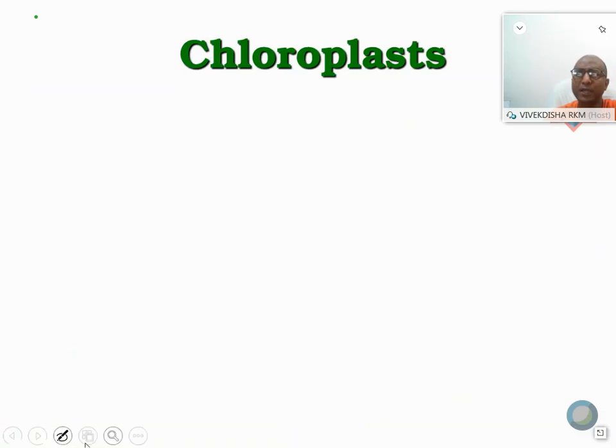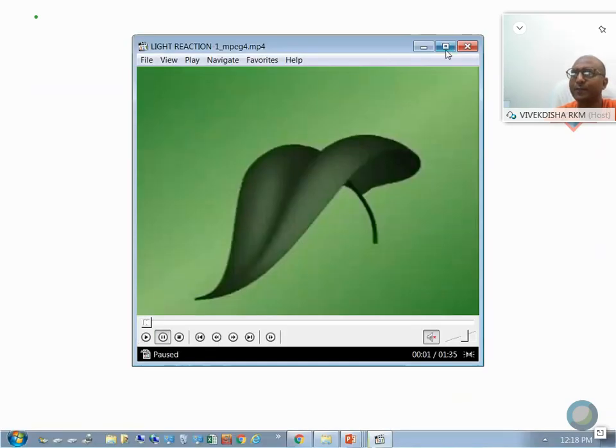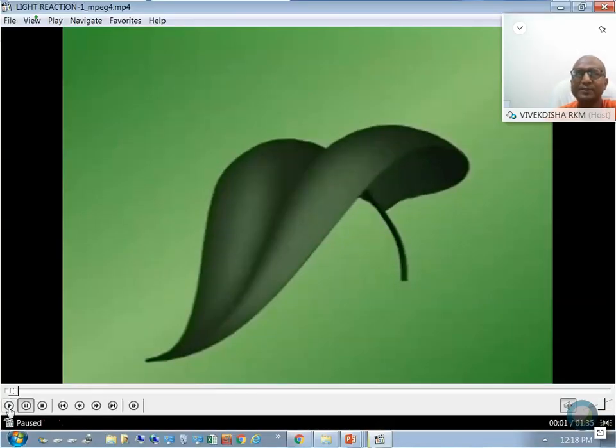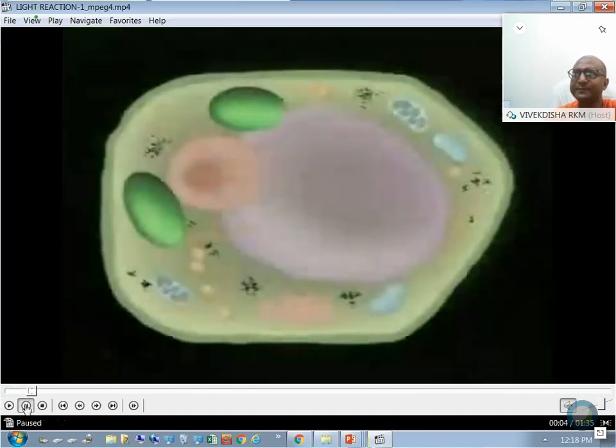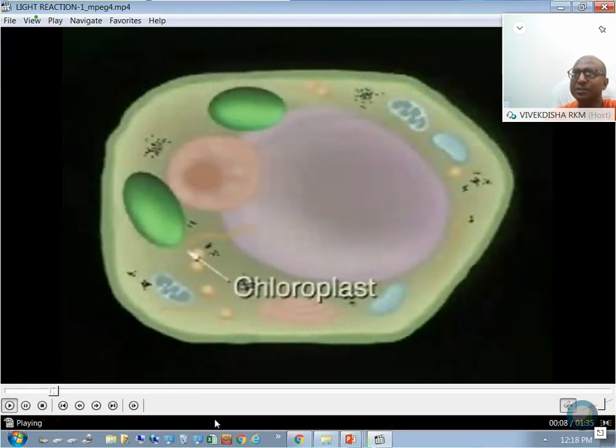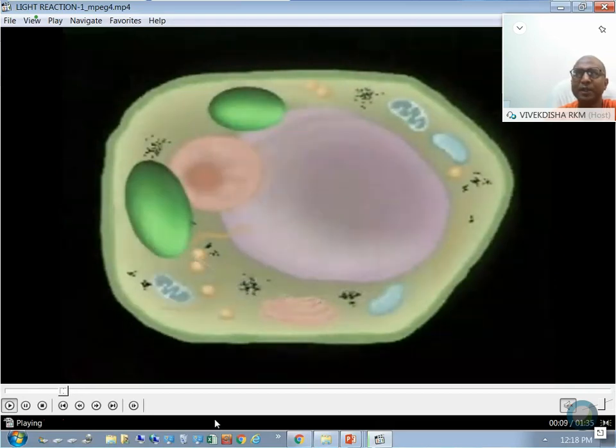So chloroplast, we would like to start with another feature, try to understand this thing and then to pass. If we take one simple leaf as a representation and go inside the leaf, we will find cells. If we go inside the cell and pick up the chloroplast, then we can study this. So chloroplast is here.